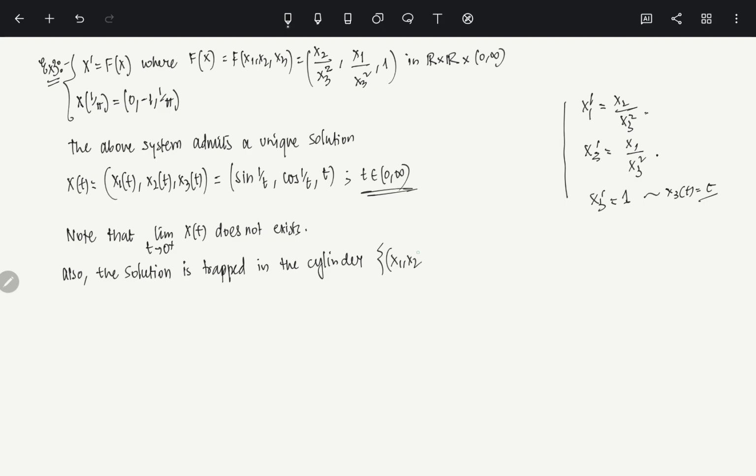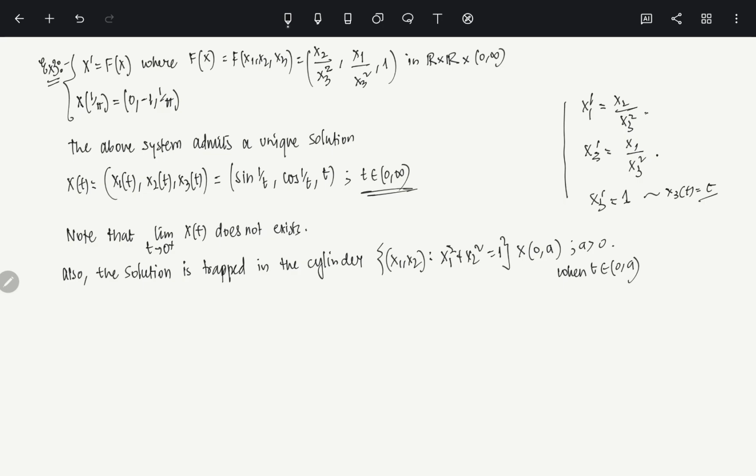The set of x1, x2 such that x1 square plus x2 square equals 1, cross 0 to some a positive. Here this is trapped in this. So you see, when t is between 0 and a, clear? Yes. So the solution always is trapped in this region, in this cylinder.